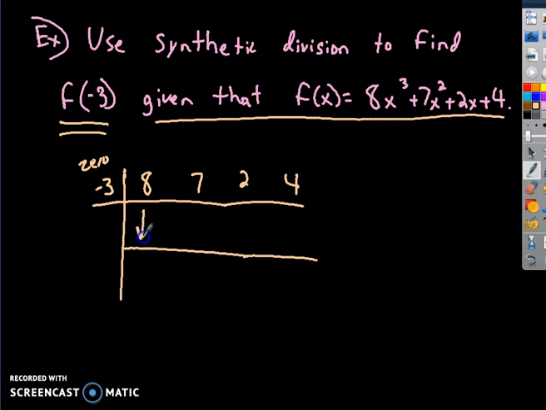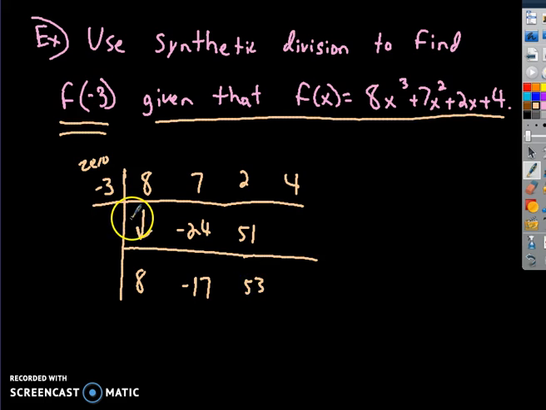So the 8 comes down, and you get negative 3 times 8 is negative 24. Add these, and this is negative 17. Negative 3 times negative 17 is a positive 51. Add these with 2, you get 53.